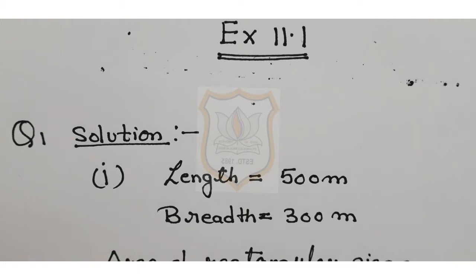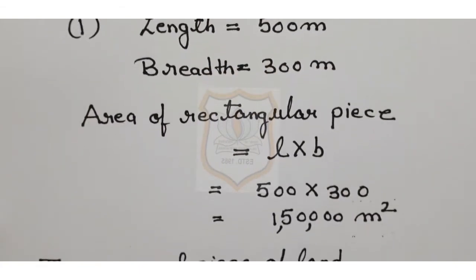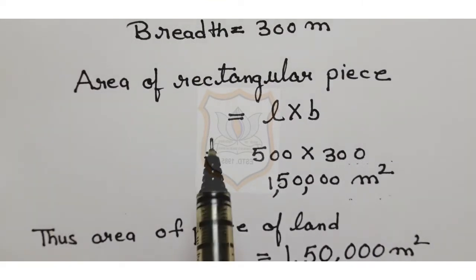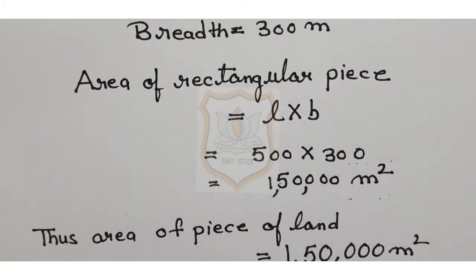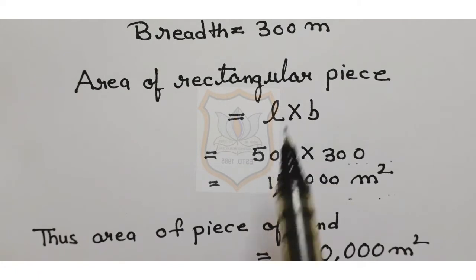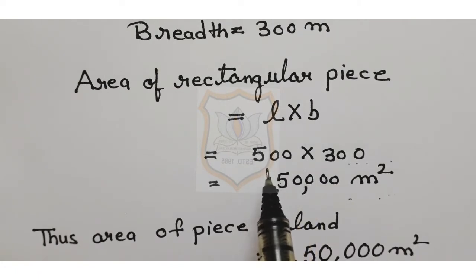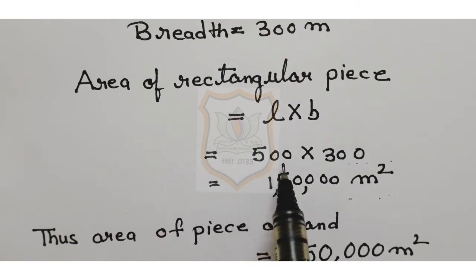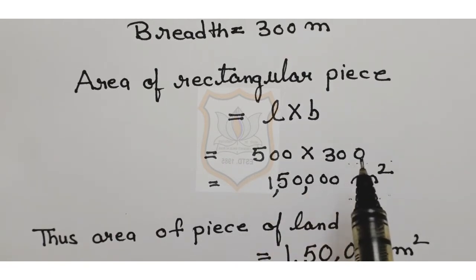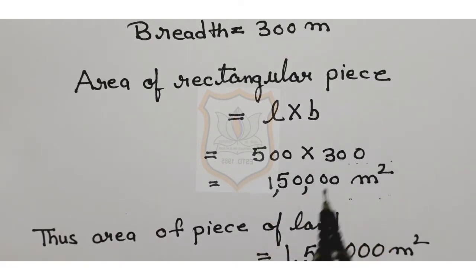To find out the area of a rectangle, the formula is length into breadth. In place of length, we will write 500, and breadth is 300 meter. So 500 into 300.